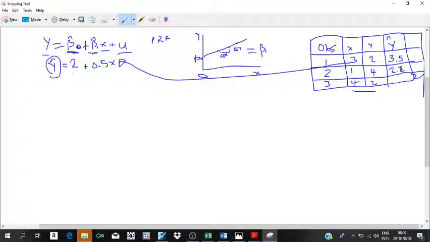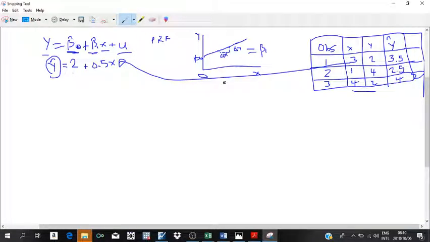Next we have 4 times 0.5, we get 2, plus 2, which is 4. So these are our predicted values.